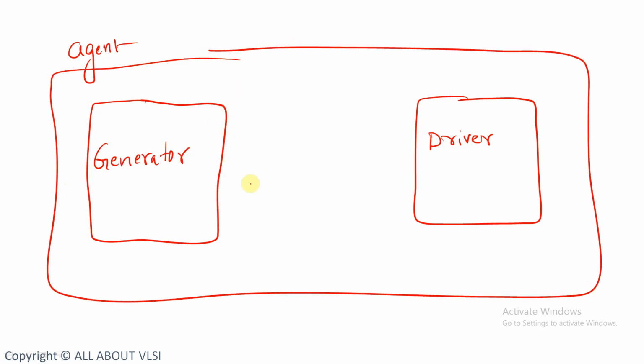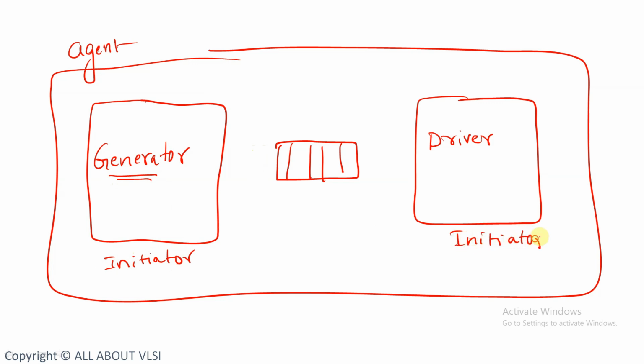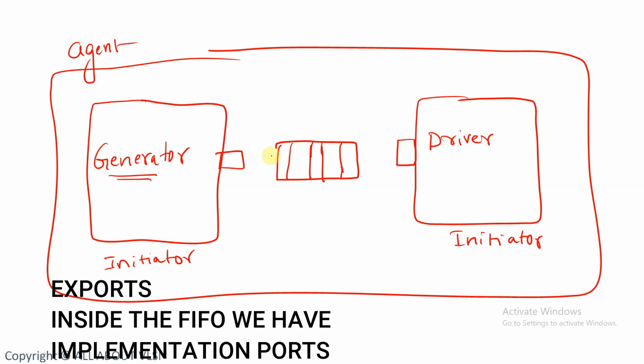Here we have a UVM TLM FIFO, which can be bounded or unbounded. Let's say this generator is an initiator and this driver is also an initiator. If we are using a FIFO, there is no need to use an implementation port. So the generator is going to have the port, the driver is also going to have the port, and the FIFO is going to have the implementation ports.